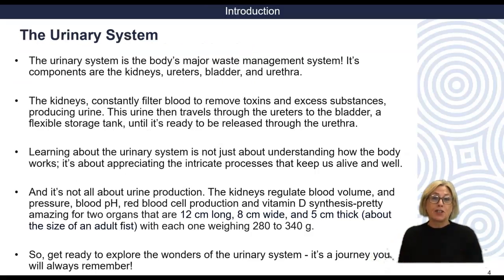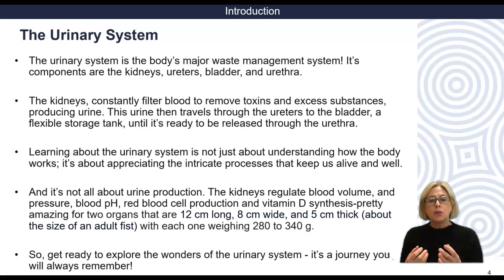Obviously, the urinary system is involved in excreting waste in urine. And its components are the 2 kidneys, the right and left kidneys, the 2 ureters, the 1 bladder and the 1 urethra. And so what are the kidneys doing? Well, as I mentioned, they are working constantly, filtering blood to remove toxins and excess substances and therefore produce this urine.